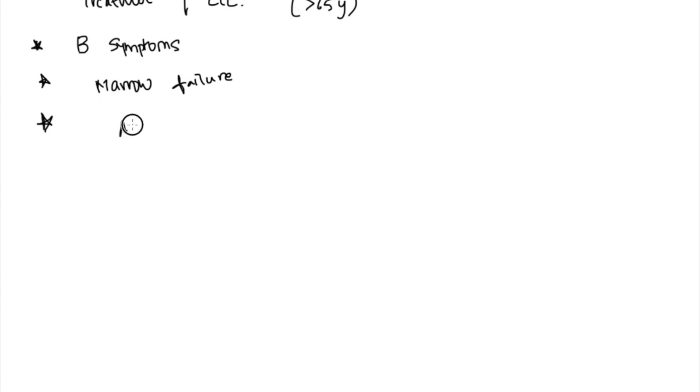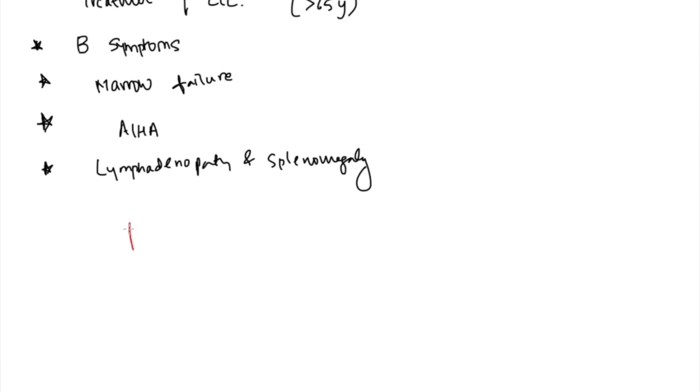Then the presence of autoimmune hemolytic anemia, which we just studied, and increasing lymphadenopathy and splenomegaly. These are the indications for treatment. So what will you treat the patient with? The mnemonic here would be FCR.